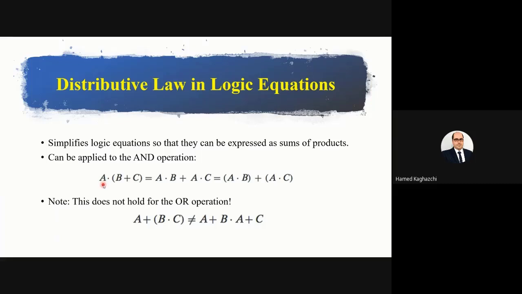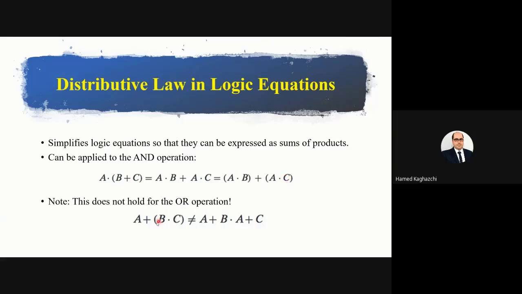Let's not say multiply. Here, in the case of logic equations, we use AND. If I have this term, I can write A and B, or A and C. Again, I can enclose it in parentheses, plus A and C.